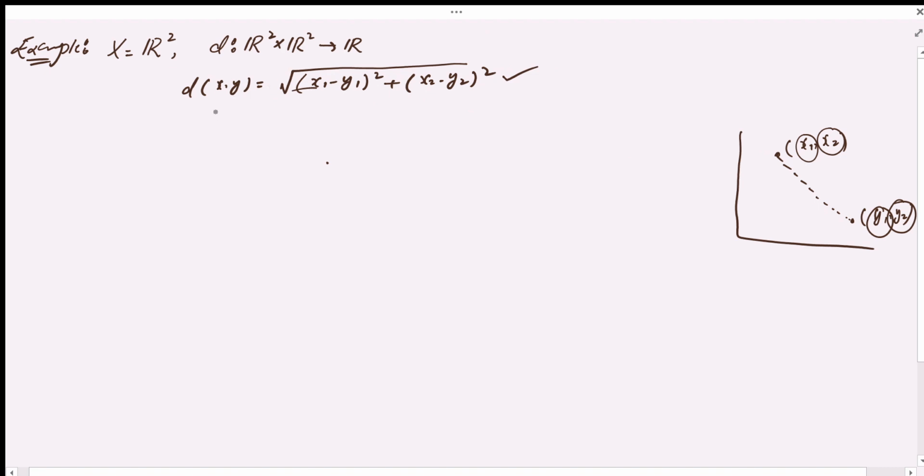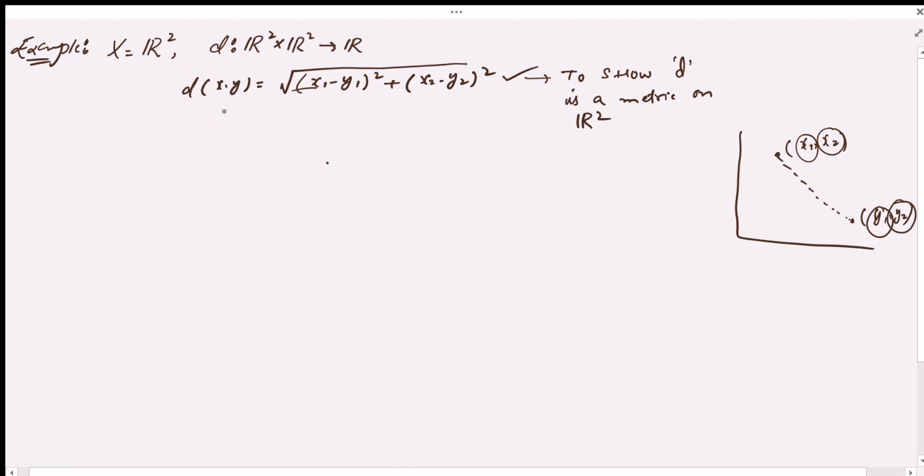Now in this module, we are going to show that if we have a function defined by the square root of (x1 minus y1) whole square plus (x2 minus y2) whole square, this function will be a metric. So we have to show that d is a metric on R square.